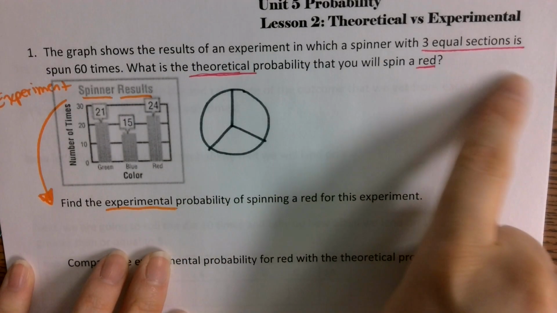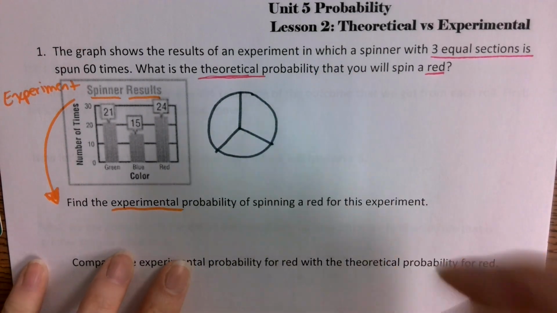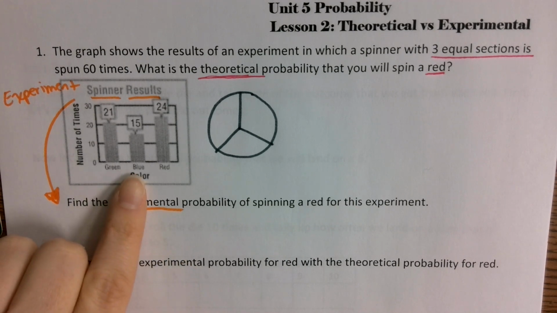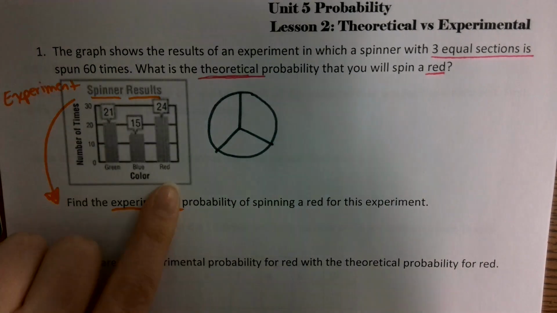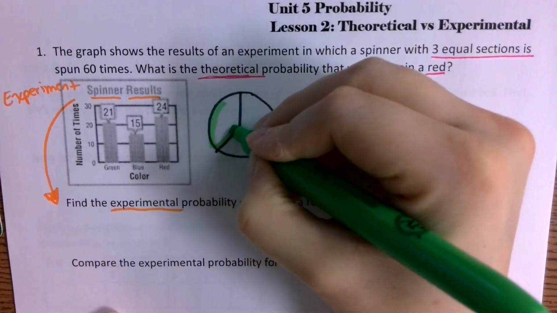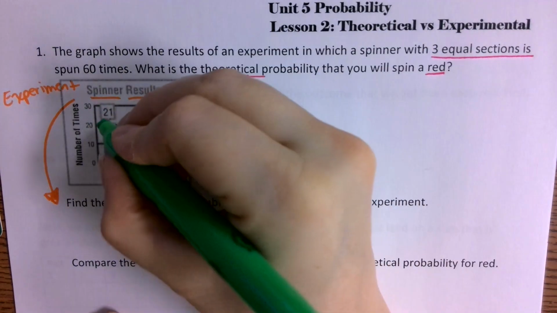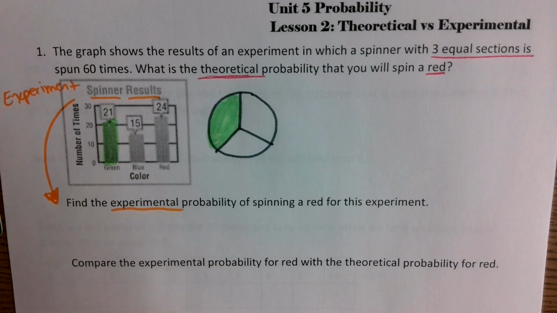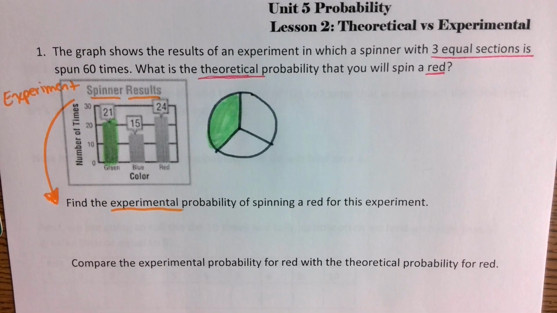They didn't tell me what the labels were in the problem. Where can I figure out what my 3 sections are labeled? From the graph. What are my sections? Green, blue, and red, right? We've got a green section. That's what this bar represents, the green. We have a blue section.